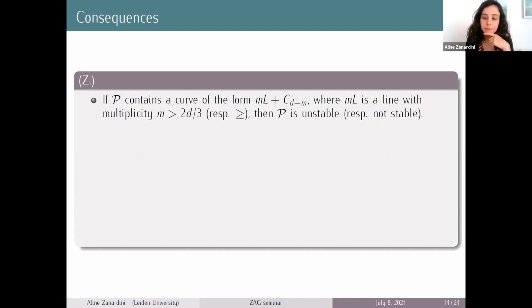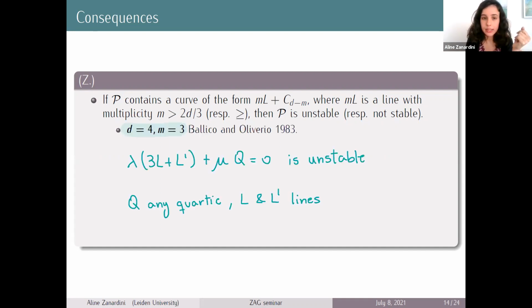And just as a curiosity, in the case when d equals 4, so just to be very concrete, when d equals 4 and m equals 3, it recovers a result by Bálico and Oliverio from 1983.